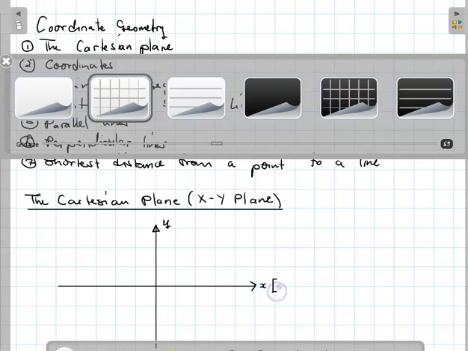Now, every line has an equation. The equation of the x-axis is actually y equal to 0, and the equation of the y-axis is actually x equal to 0. You will understand that shortly. Here you have the origin. Sometimes you can treat it as 0, which simply means this very point, at which both x and y are 0.